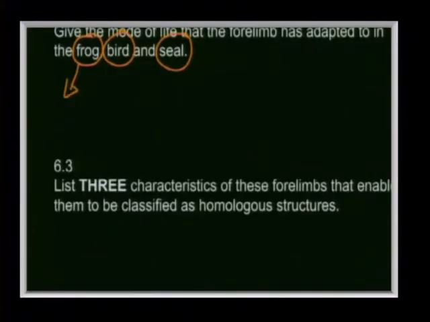Give the mode of life that the forelimb has adapted to in the case of the frog, the bird, and then the seal. In my previous explanation, I of course mentioned that your frog is amphibious, which means it lives on land and in water.